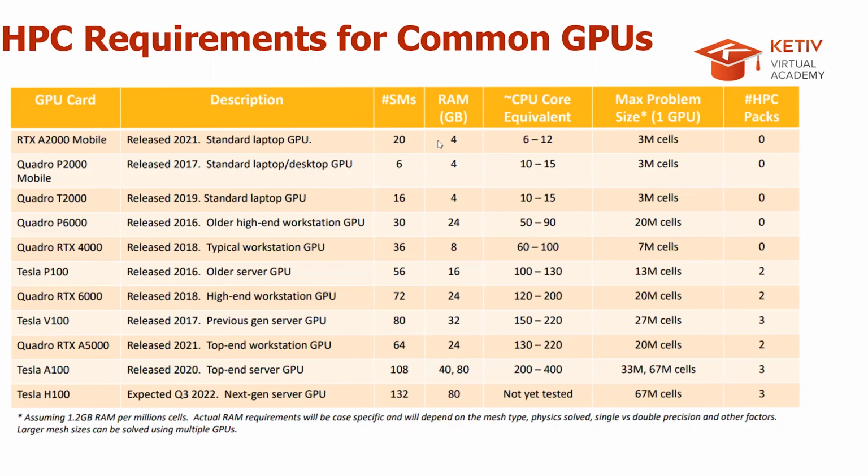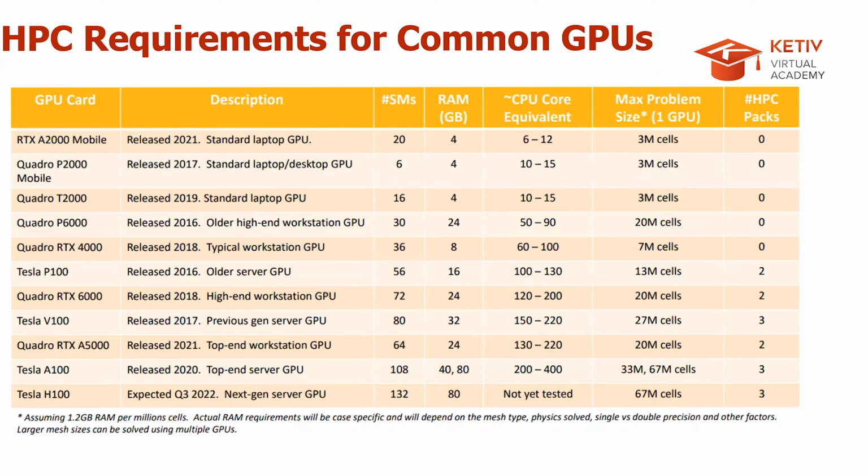Okay. So hopefully this table is a good guideline for understanding what type of GPU technology you already have or may want to invest in. If you need more information about building the right workstation for the type of CFD that you are doing, feel free to reach out to us. We can give you some more information.